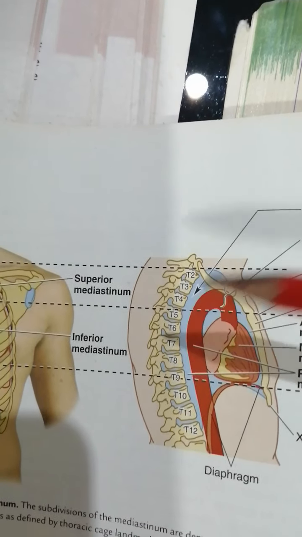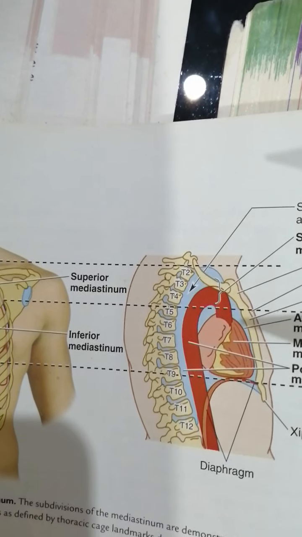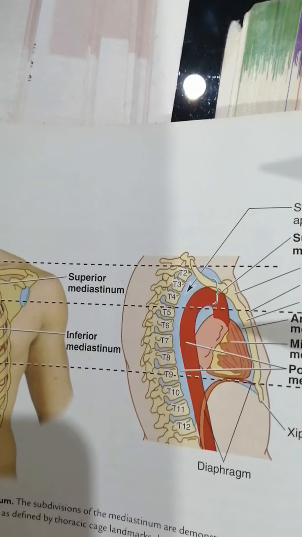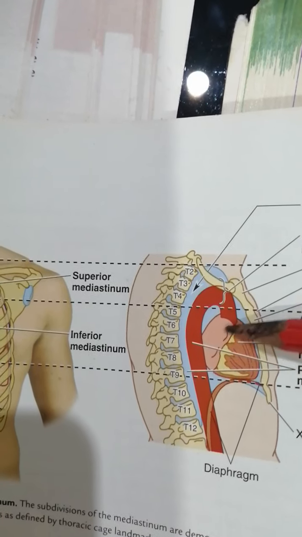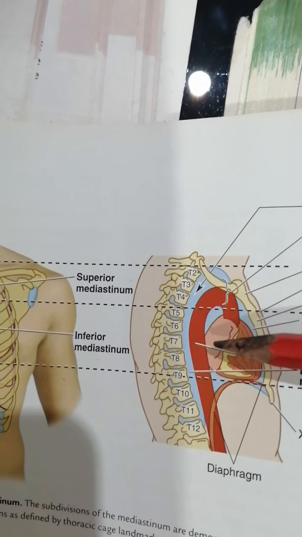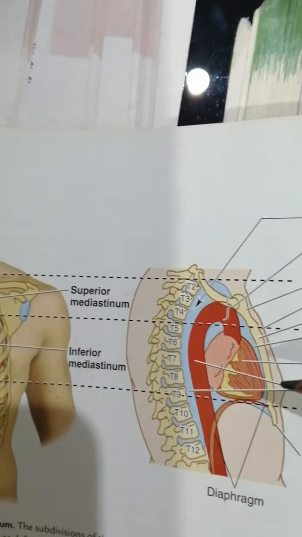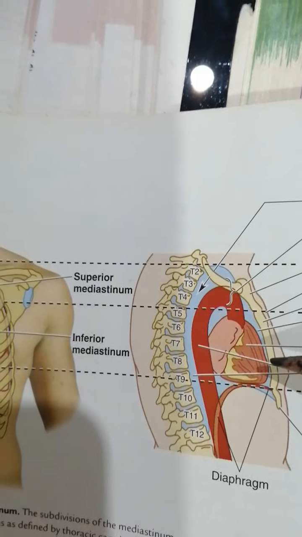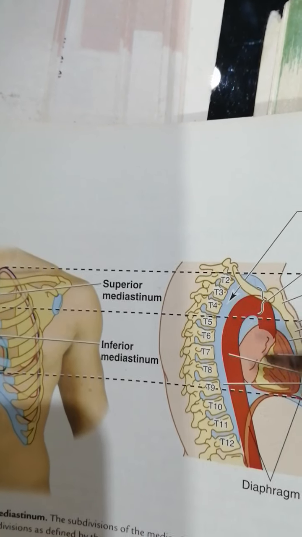The main thing about the mediastinum is, first of all, you should know that it is occupied by the mass of tissue between the two pulmonary cavities, and in the central compartment is the thoracic cavity, and it is covered on each side by the mediastinal pleura and contains all the thoracic viscera and structures except the lungs. The mediastinum extends from the superior aperture up to the diaphragm.